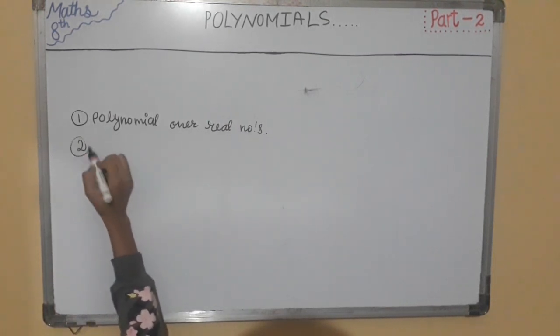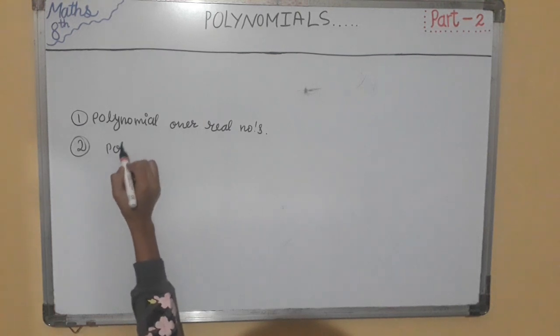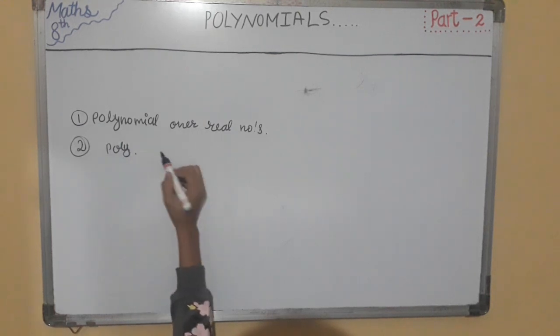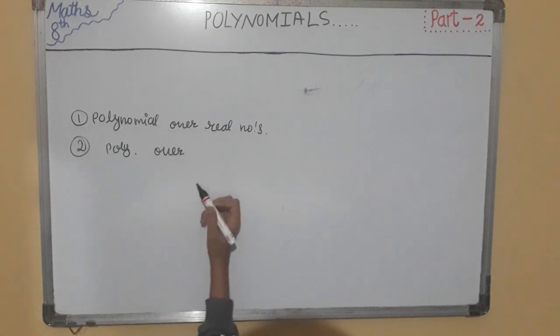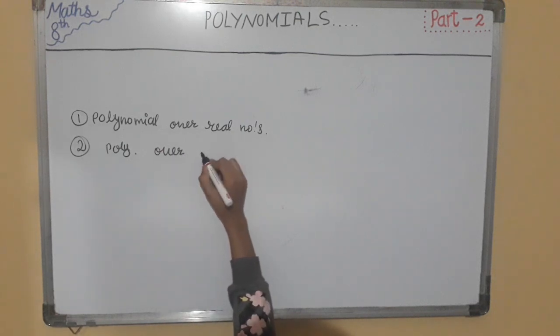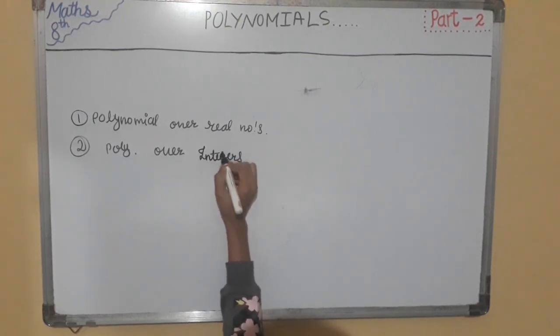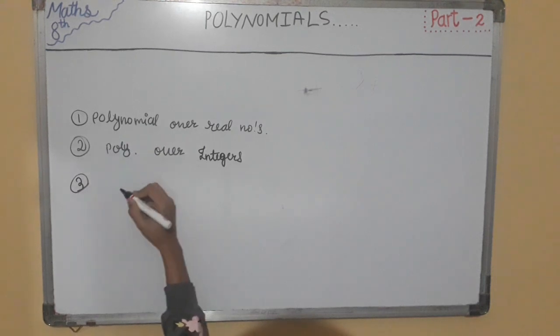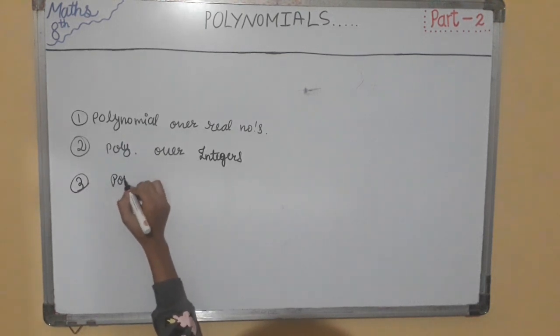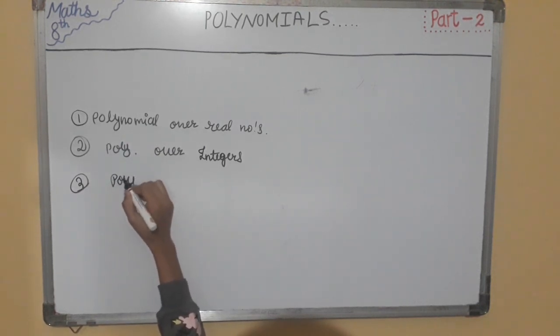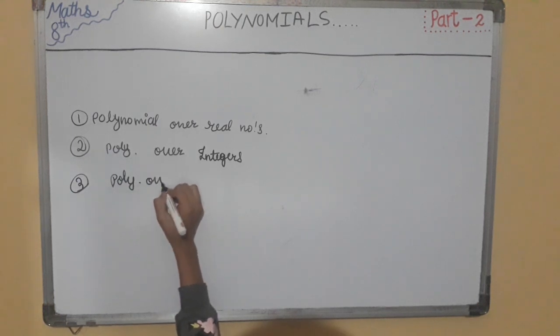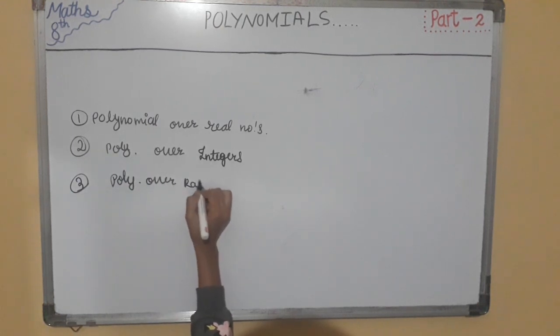Second is polynomial over integers. Third is polynomial over rational numbers.